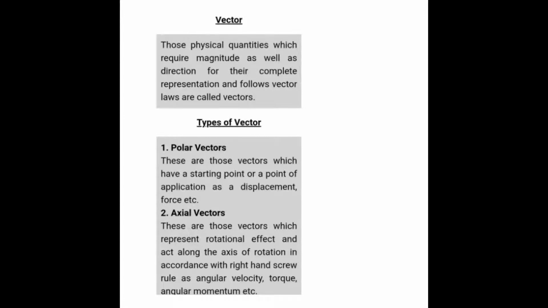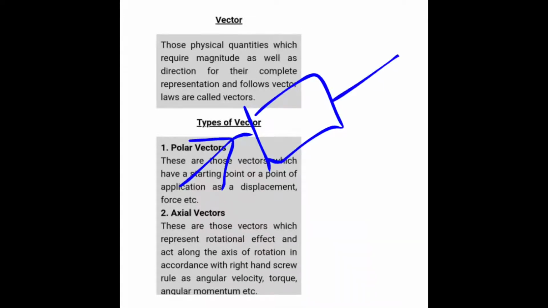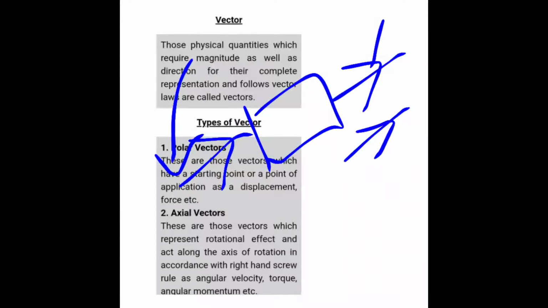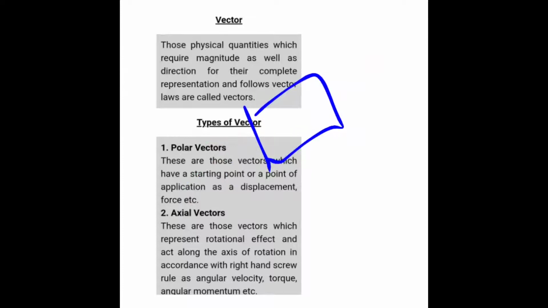Like force: when you apply a force on a block, the block will move in a single, specified direction. So it has a particular point of application and a particular direction of movement. These are polar vectors. So force comes under polar vectors. Similarly, displacement is also a polar vector.